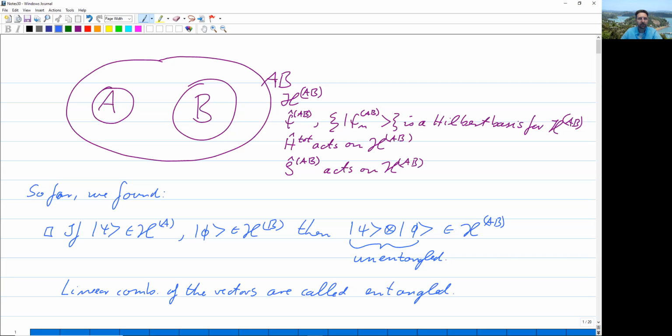And then in that situation, we can ask, to what extent is the state of our system AB entangled or not? And this is the definition here. At least it's the definition of whether or not a state of the total system is an entangled state or not. If you don't subdivide your system, then the notion of entanglement makes no sense. The notion of entanglement is always relative to a subdivision of a system.